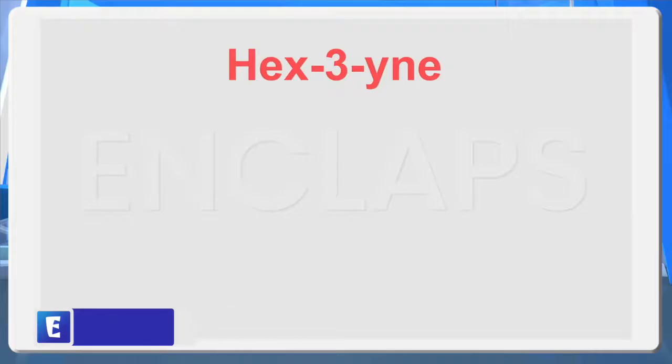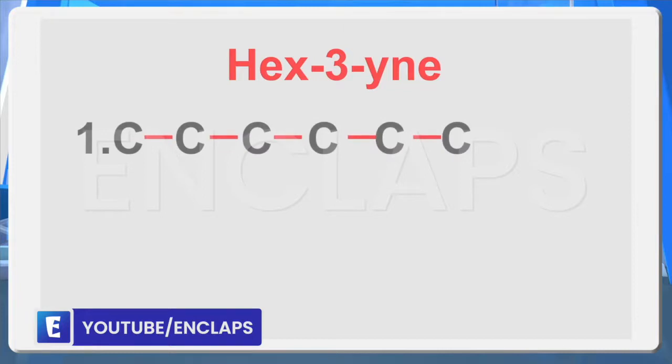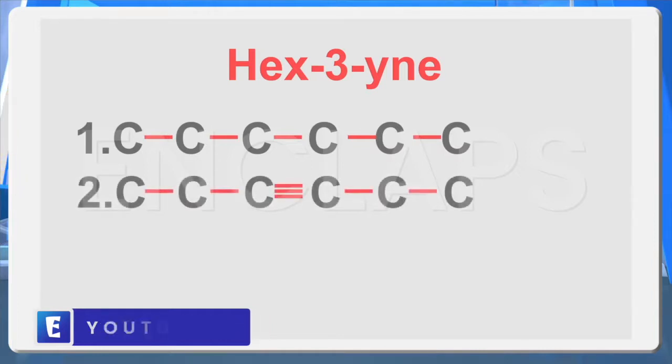Then, let us look at another compound, hex-3-yne. This is an alkyne, right? So, the word root is hex. So, the main chain contains 6 carbon atoms and there is a triple bond between the third and fourth carbon atoms.